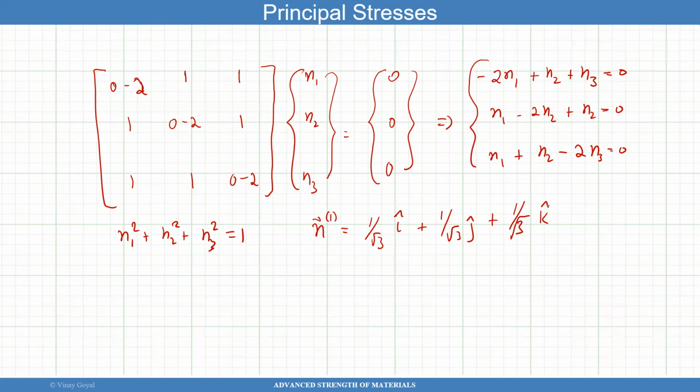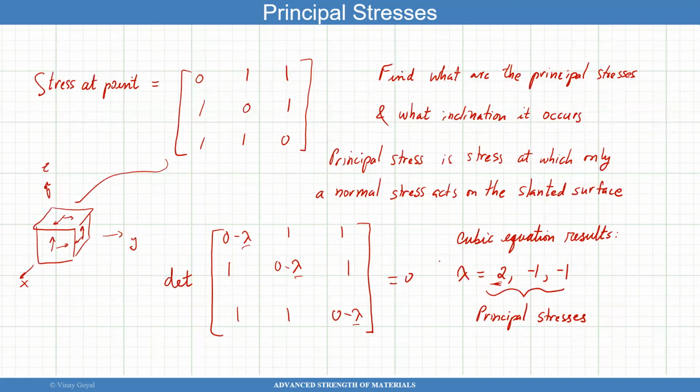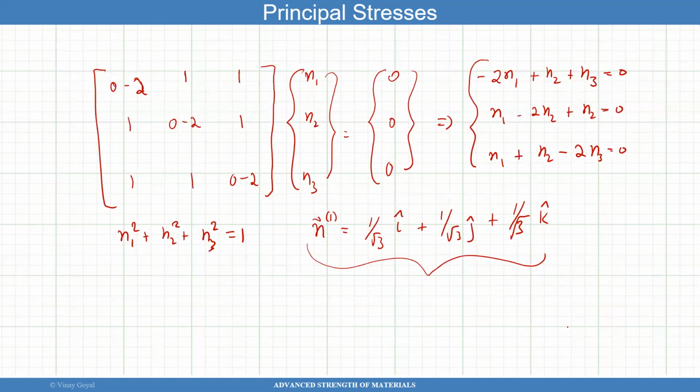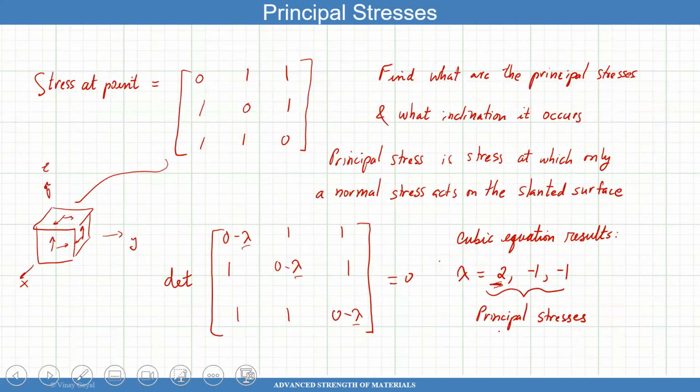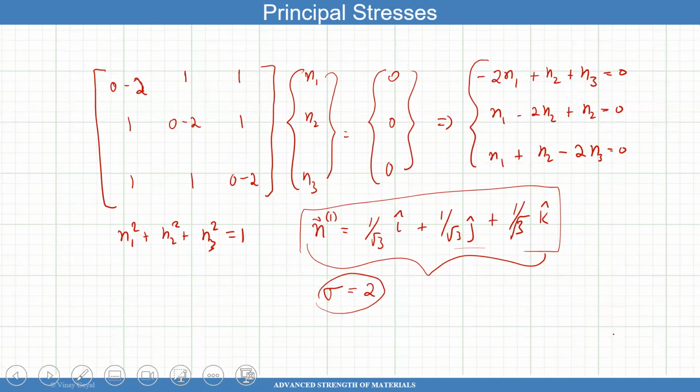It is that normal to the surface where this maximum principal stress occurs, which corresponds to a stress of 2. When my slanted surface looks like this, the stress is purely normal. Then I have to repeat the process for the next principal stresses and so forth. With that, I want to thank you for listening to this particular example.